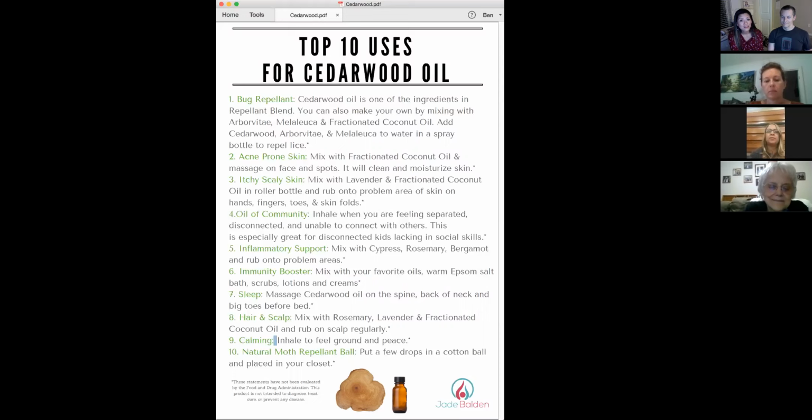I think there's no really big warning that I need to give with cedarwood, because it's a very well-rounded oil. It's not hot on the skin. It's very mild, and the aroma is very subtle.